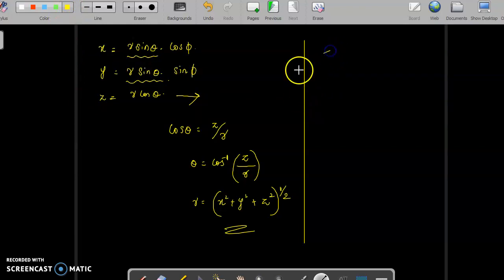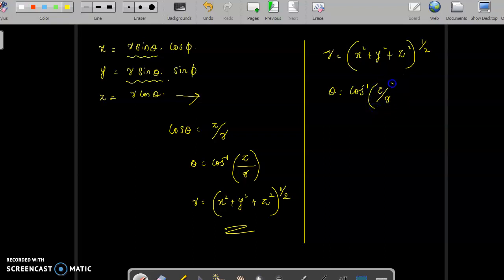So r equals x square plus y square plus z square all power 1 by 2. Theta equals cos inverse z by r, phi equals tan inverse of y by x.